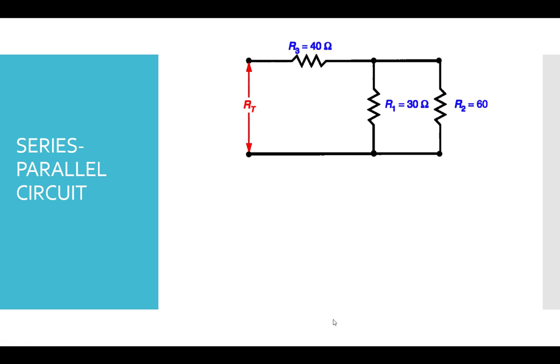So how do we combine those? Typically what we want to do is start, if this is where the battery would be located in this circuit, going away from the battery and working this way. In this case, I've got a 60 and I'm moving this way. The next one that it's combined with is this 30 ohm resistor.